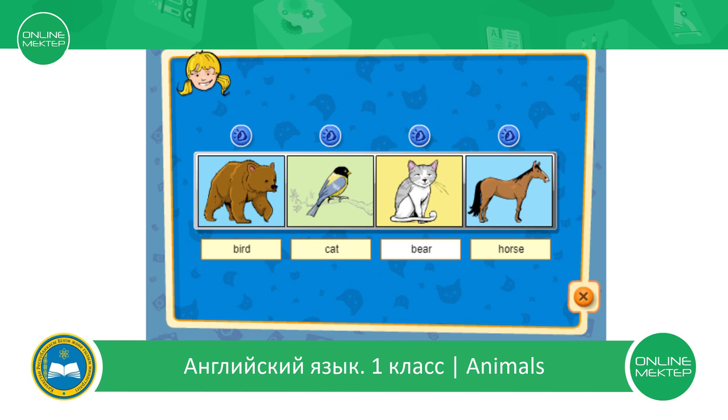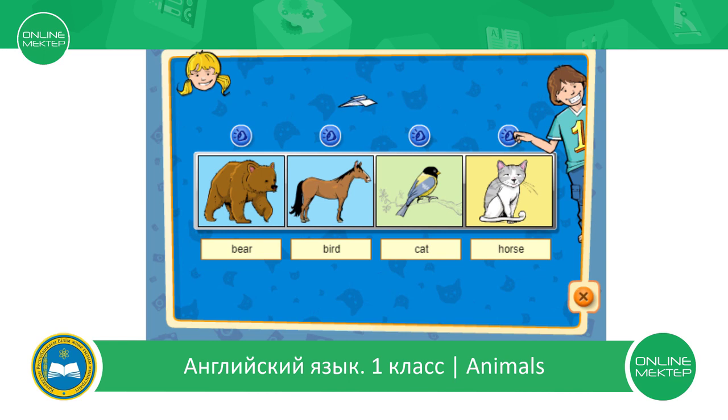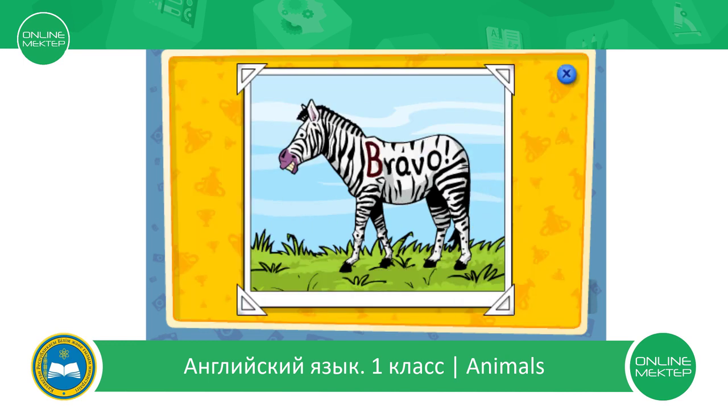No. Maybe this one? Yes. Number 2. Horse. Where's the horse? This one? No. Here's the horse. And the word for horse is here. Great job.